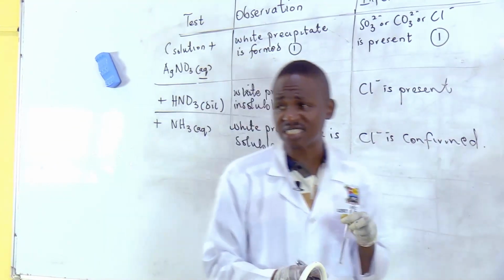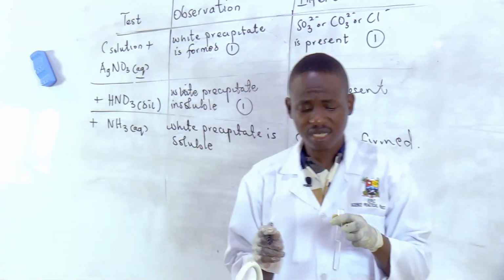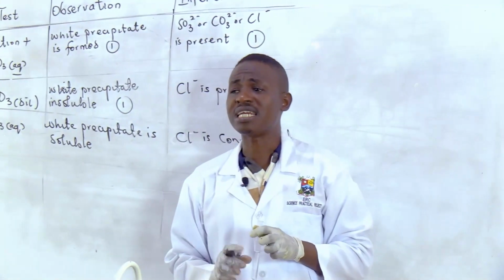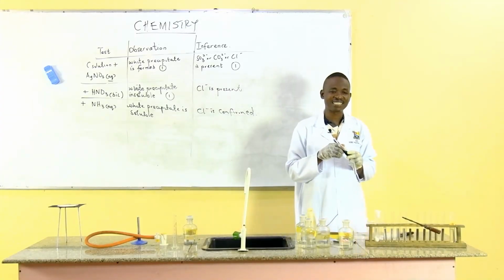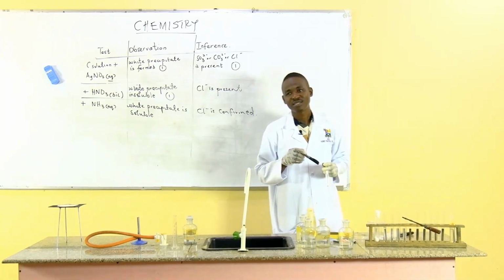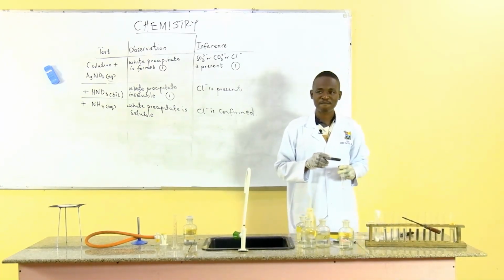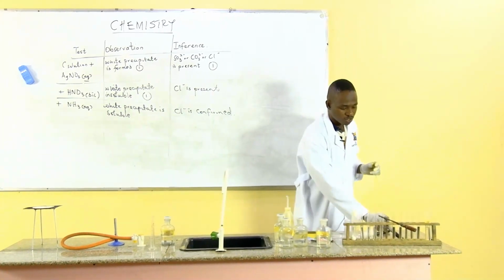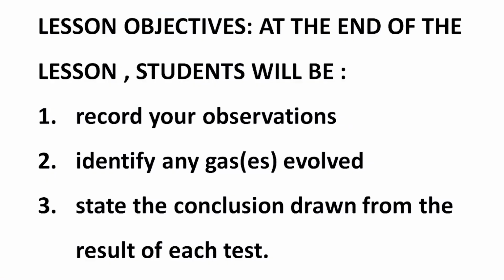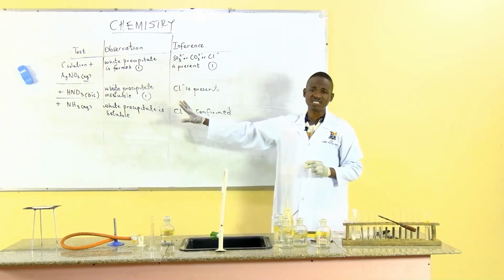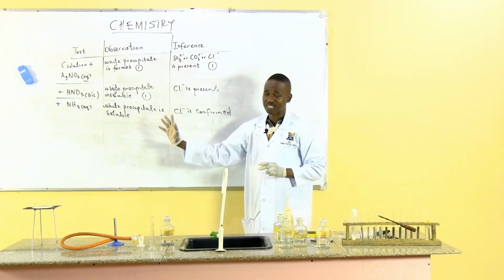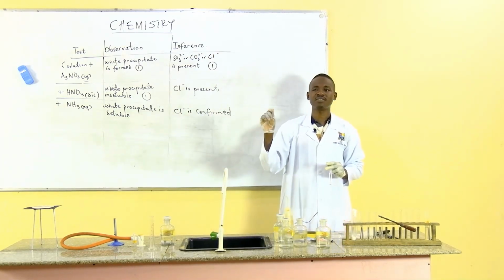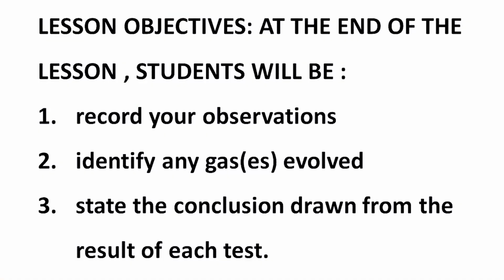It's very, very essential at this particular point. So let me recap from our learning objective. You remember when we started, I said, we as students should be able to what? To record our observations. This is what we've done by putting test, observation, and inference. And the second learning objective is we'll be able to what?